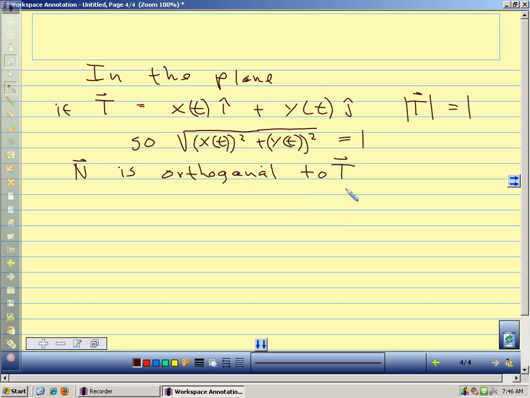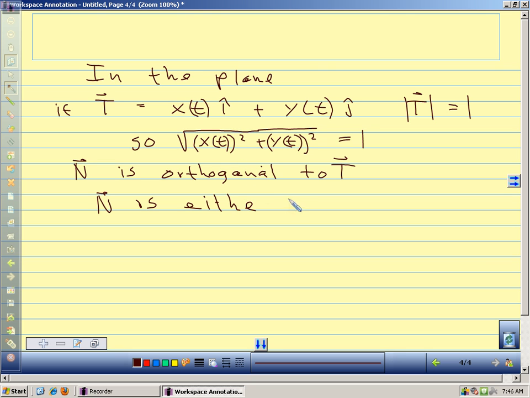So the slope of the unit tangent vector and the slope of the unit normal vector have to be negative reciprocals. So N is either, we just switch the x and y and change the sign on one.